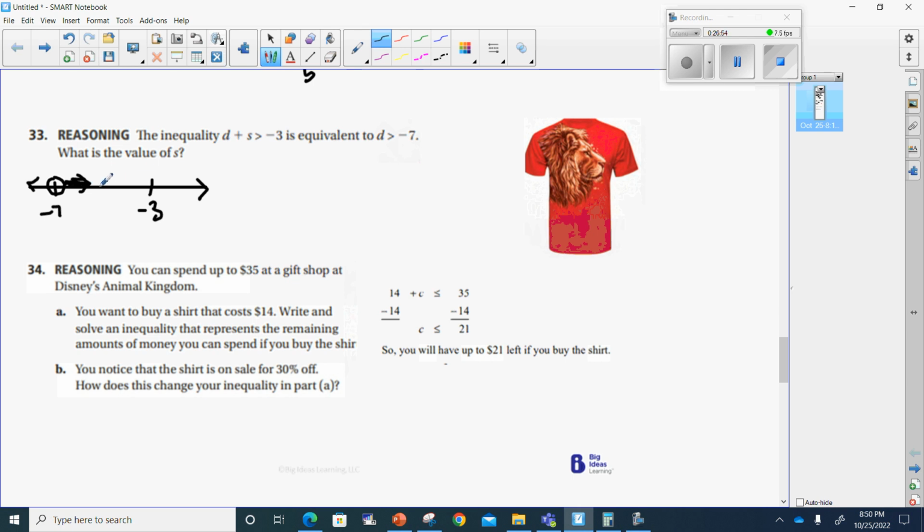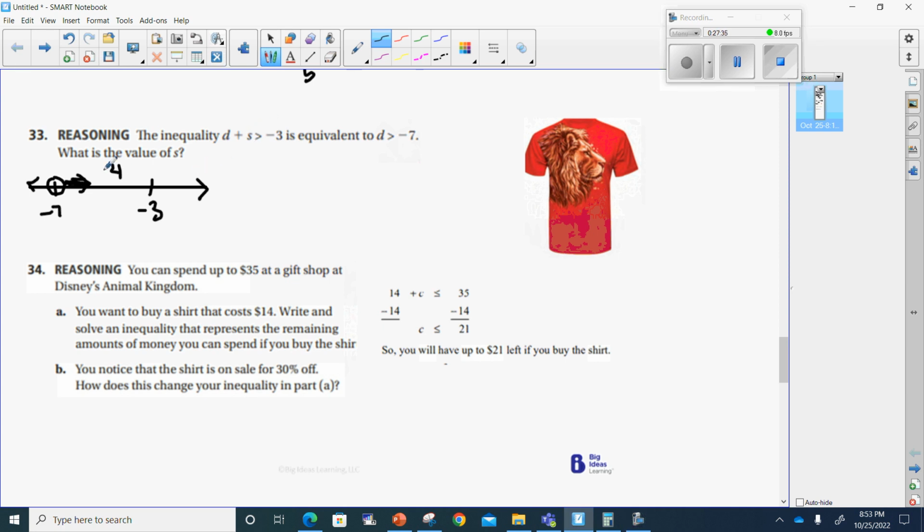Well, let's just say if I looked at -6, and if I added it to another -6, that's going to be -12, right? So since there's between -7 and -3, there's 4 there. I'm thinking the answer is probably going to be 4.